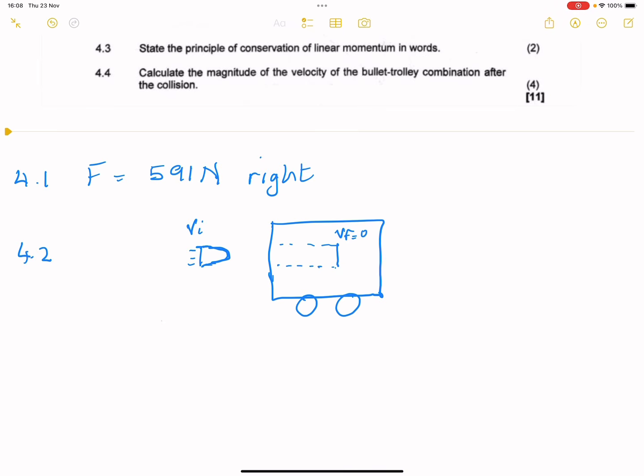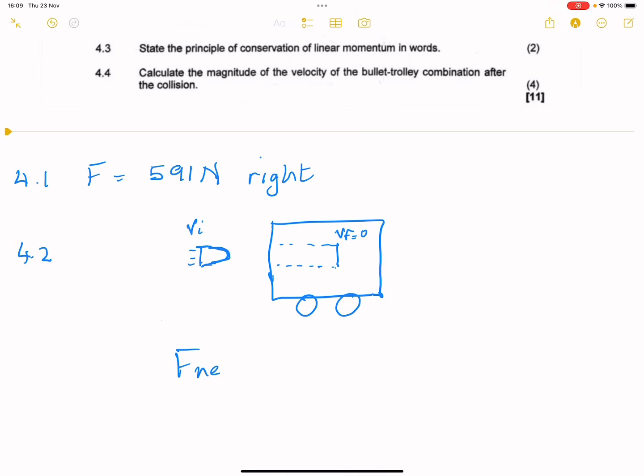But the reality is that as the bullet starts entering, it changes the velocity of the trolley. Even if it's embedded, there's going to be a velocity change within the entire system. Whoever developed this question, I think some thought was needed here. But nonetheless, let's answer it in relation to what was expected of us.